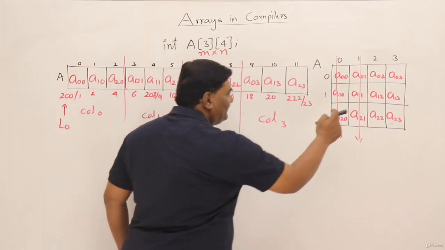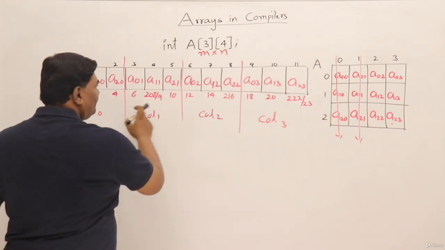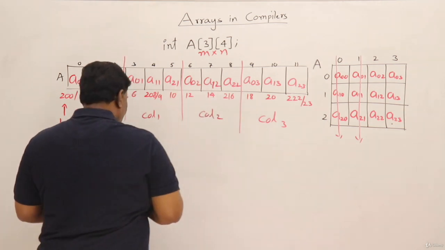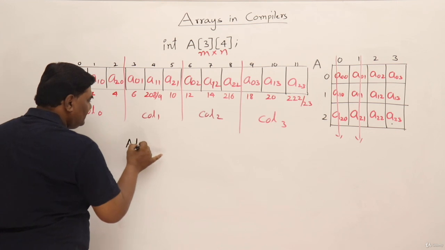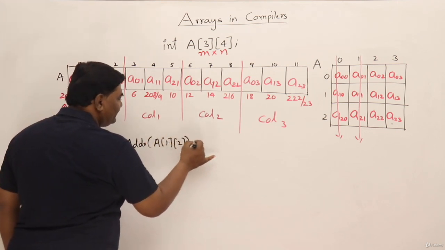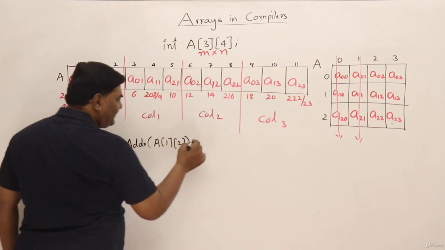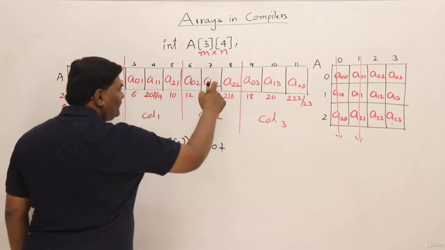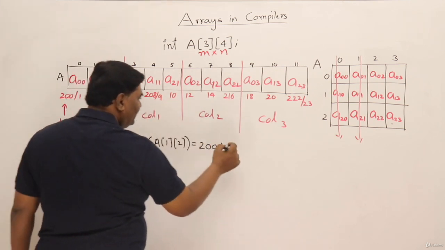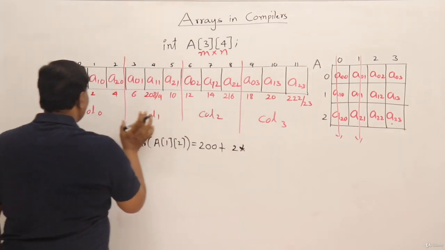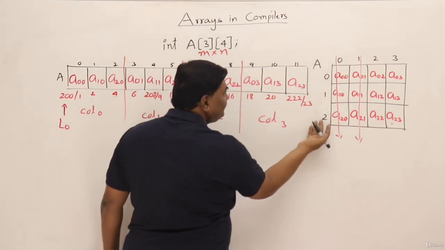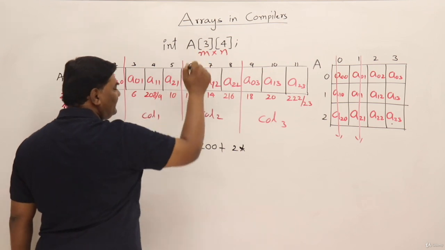Now let us take an example element and frame a formula. Suppose I want element A[1][2]. See, where is it? Here. It is in column number 2. So the address of A[1][2] is the base address, 200, plus... Now for reaching this element, I should skip the first column and the second column. 2 columns I should skip. So 2 into, how many elements are there in each column? 1, 2, 3. So columns have 3 elements, equal to the number of rows, m, that is 3.